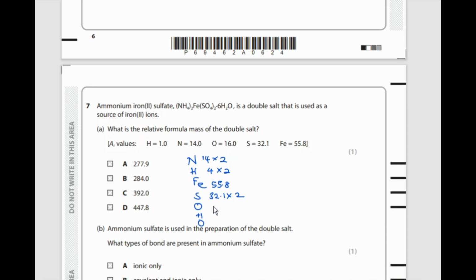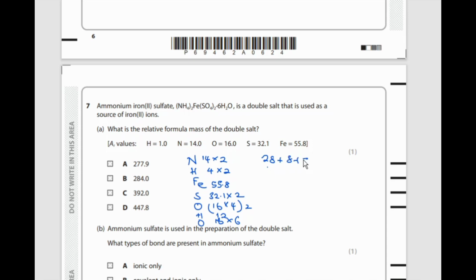Oxygen, for the first part of oxygen that is attached to sulfate, we have 4, but because of the bracket we have another 2. Hydrogen, that is in water, we have 12 because it is 6 times 2. Then oxygen, that is forming water, we have 16 times 6.